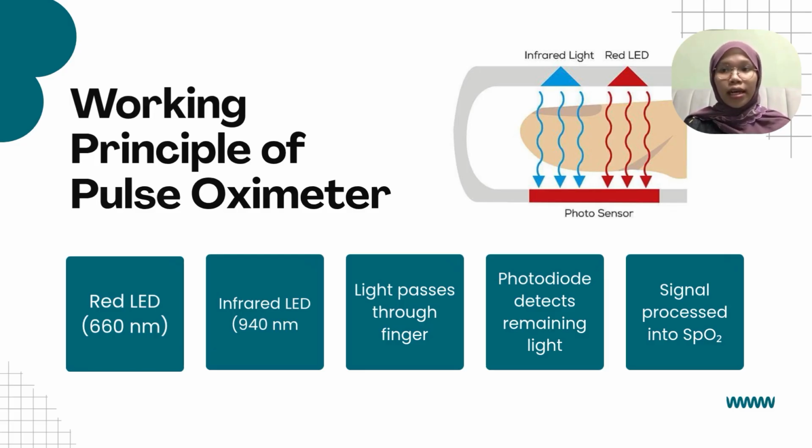The remaining light that passes through the finger is detected by a photodiode. The electrical signals produced by the photodiode are then processed by the device to calculate the patient's blood oxygen saturation and heart rate. This optical measurement technique allows the device to provide fast and accurate results without being invasive.